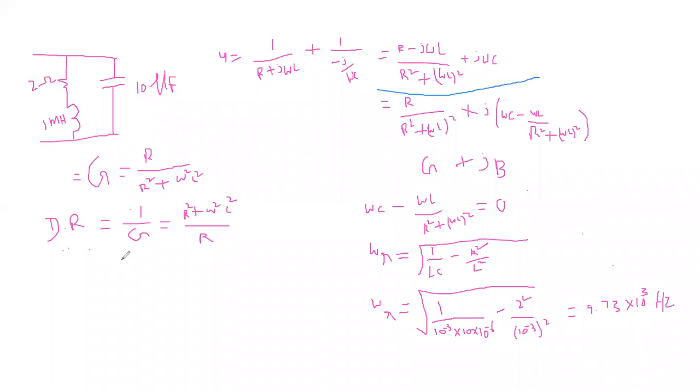Dynamic resistance, same formula: 1 by G, or R square plus omega square L square.